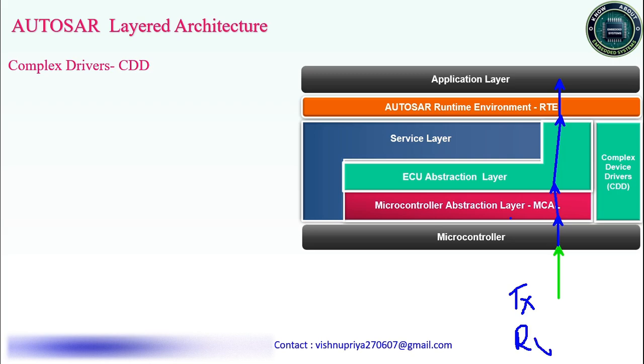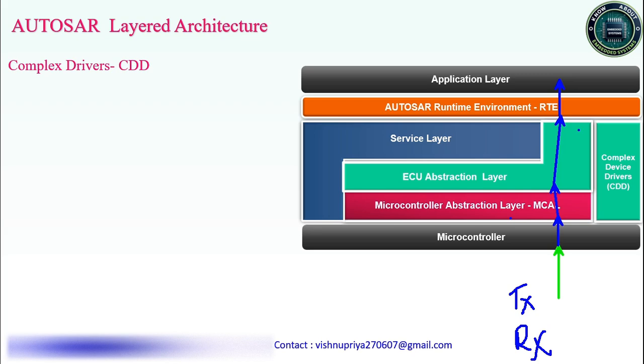For both processes, you have to pass this path, and vice versa. But this will take some time, because you have to cross 3 to 4 layers: the MCAL layer, the ECU abstraction layer, the RTE, and then the application layer, and it takes some time to cross each layer.